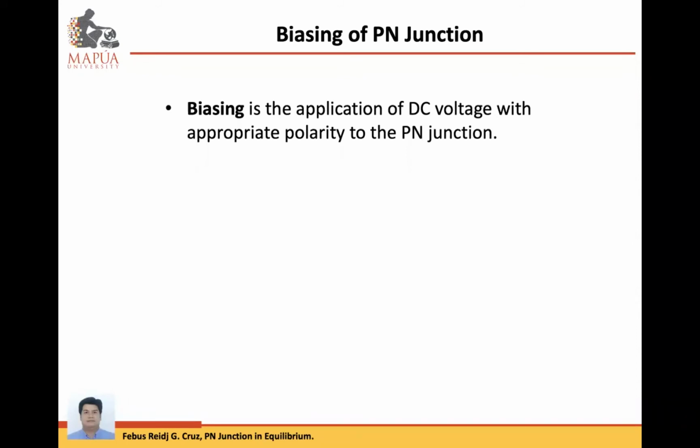You have to be aware where to connect the positive and where to connect the negative. Since the remote control has semiconductor devices, they require proper polarity. So the voltage must be properly selected in terms of the polarity. So that is what bias means. Is that clear? Yes, sir. Okay, thank you. So I'll continue.